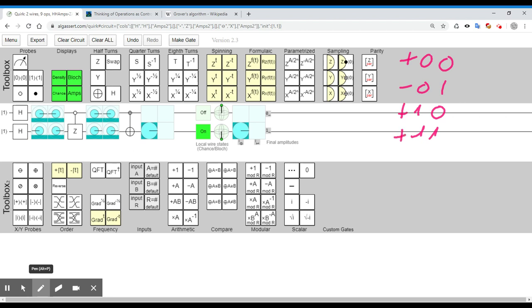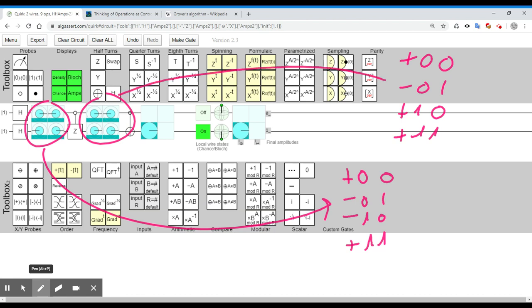Now, our minus minus, or 1 1 state in superposition, should really be like this, right? Minus 1 0 plus 1 1. So that's this, and that's this.